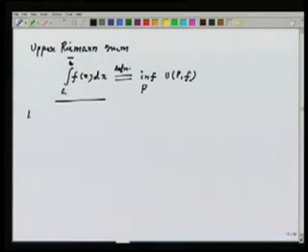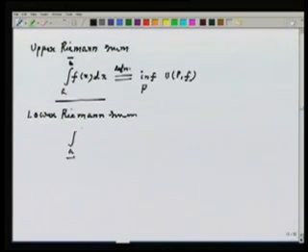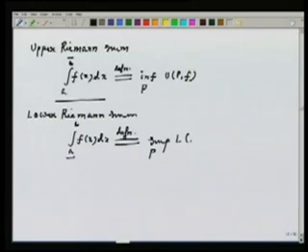Similarly, I define the lower Riemann sum, which I denote by the integral from a bar to b of f(x) dx. Notice that right now this dx has absolutely no meaning. The meaning of this symbol is explained by saying this is the supremum over all P of LPF.